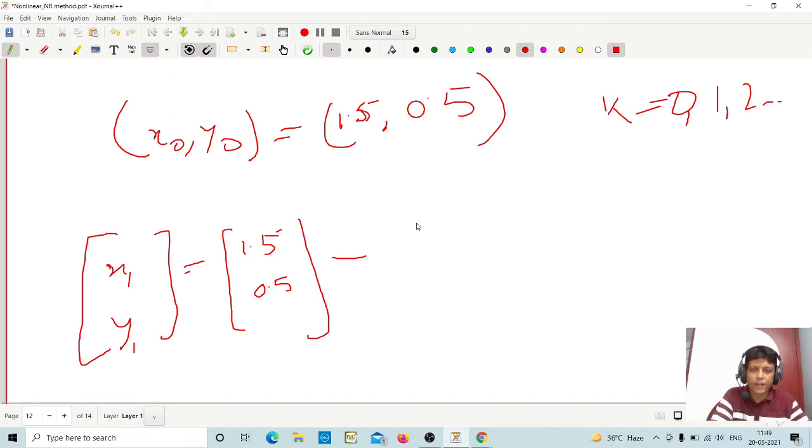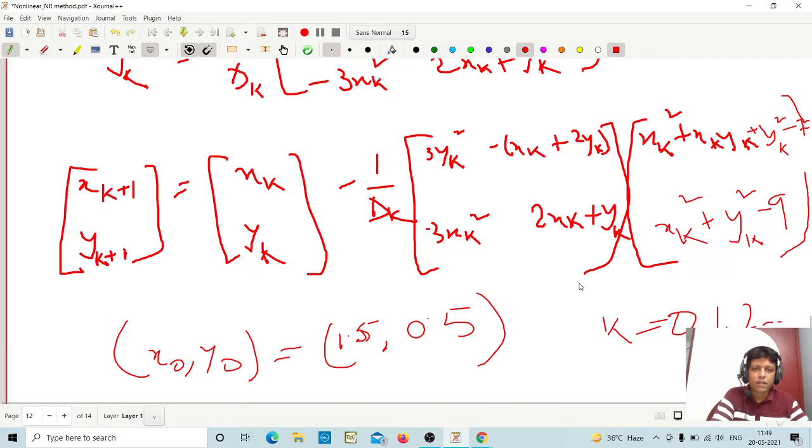So you can calculate minus 14.25. I have calculated, so I'm giving you the value. You can verify that. 1 over, and this is the inverse matrix, 3y naught square, minus x naught plus 2y naught. Second row, minus 3x naught square plus 2x naught plus y naught.